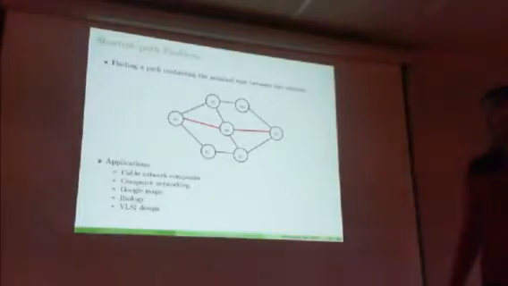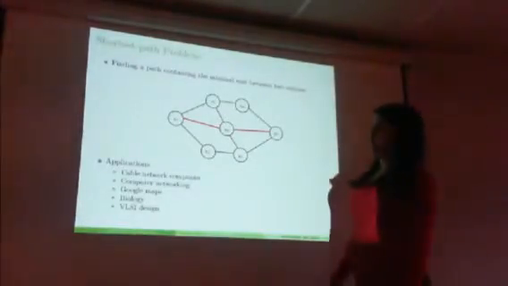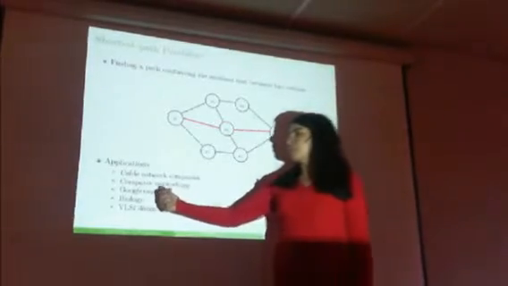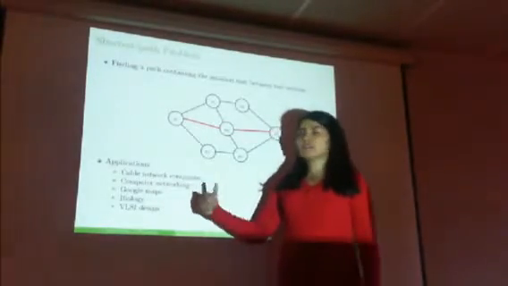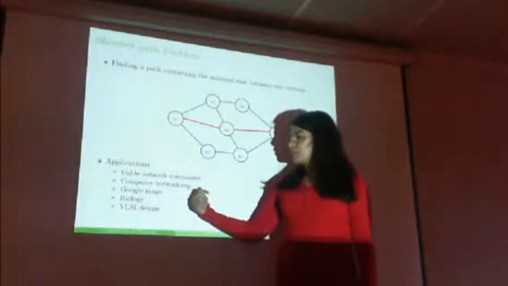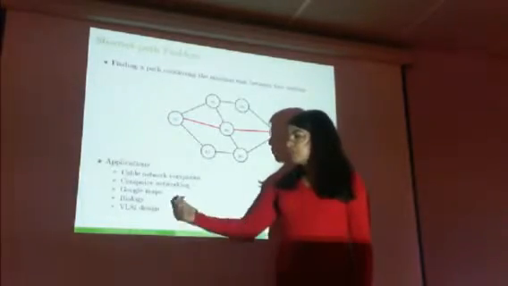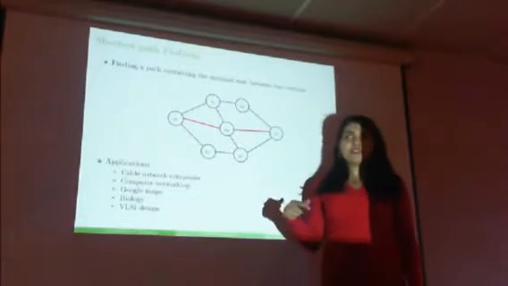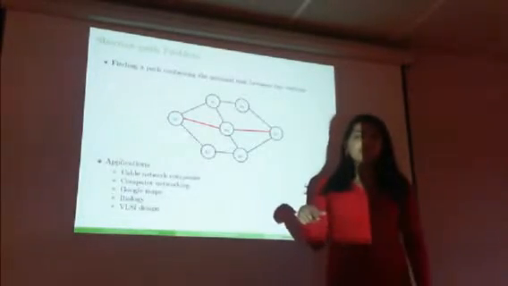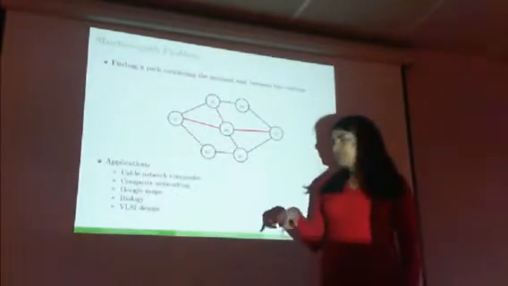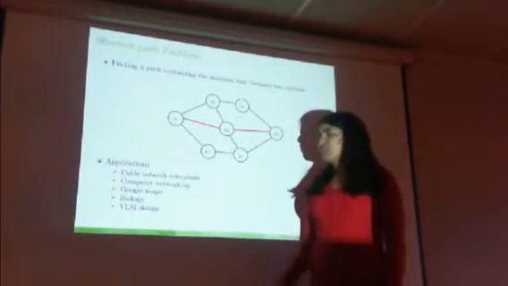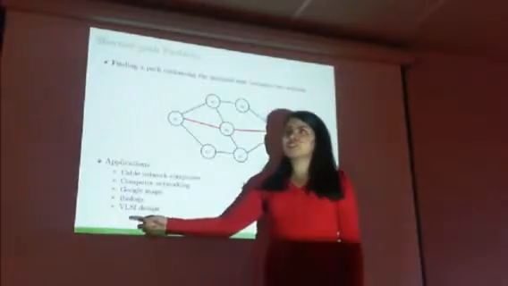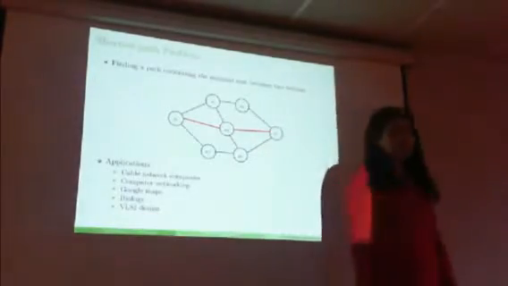This is a very important problem because right now some cable network companies use this idea for finding the best routes in the computer networking area, Google Maps, virology for the spread of disease or infection in a network, in biology, and also for using fewer wires in VLSI design.